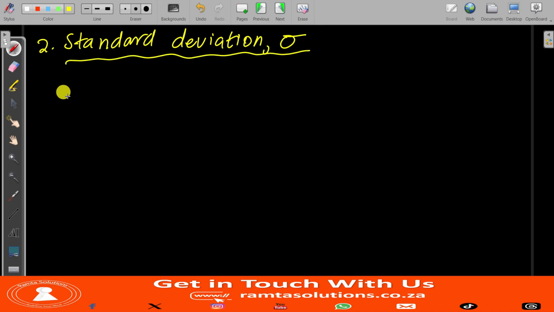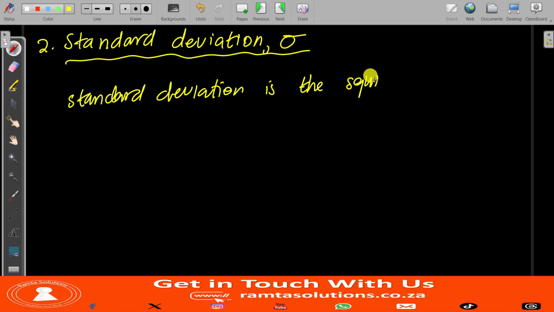Standard deviation is the square root of the variance. All right, it is the square root of the variance.